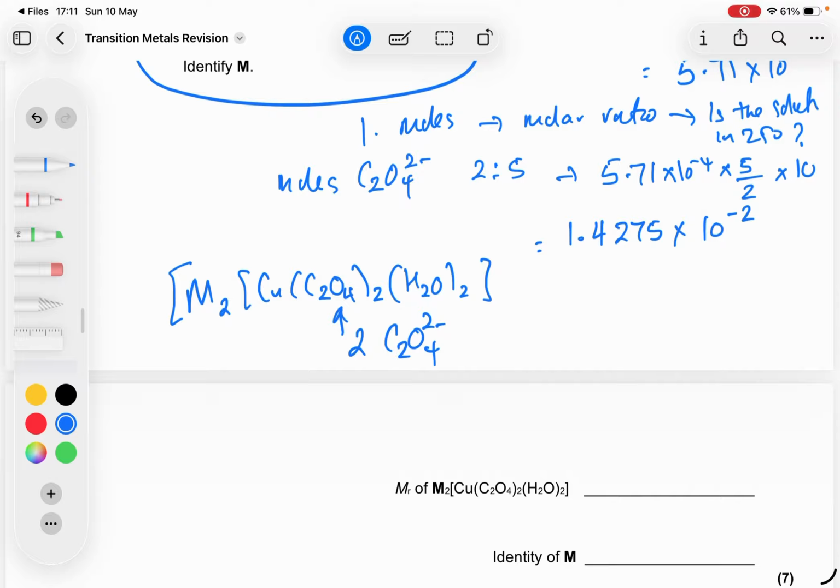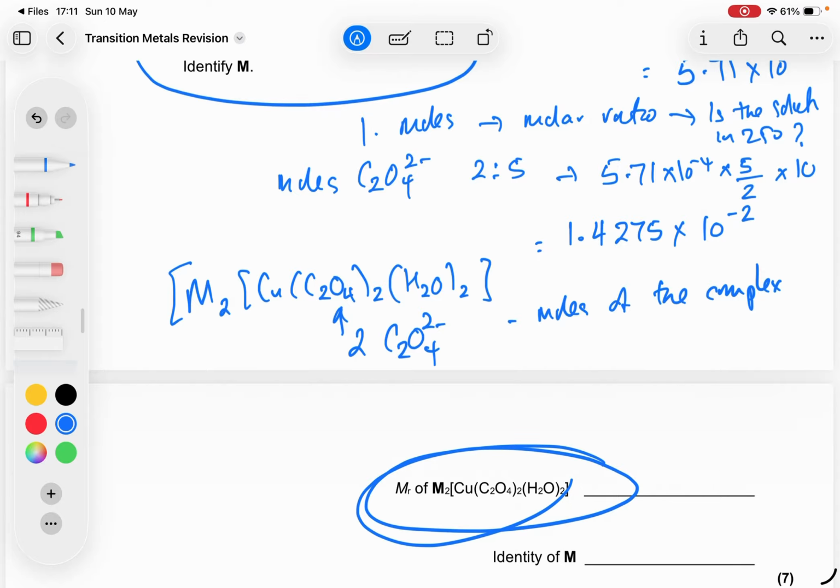So one of the key things that will get missed out is to determine the moles of the complex, because we are working out the MR of the complex, and this is where we have to divide by 2. So we've got to divide 1.4275 times 10 to the minus 2 by 2.